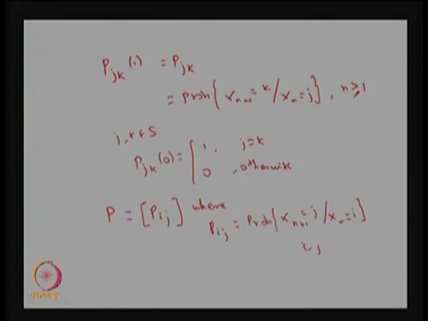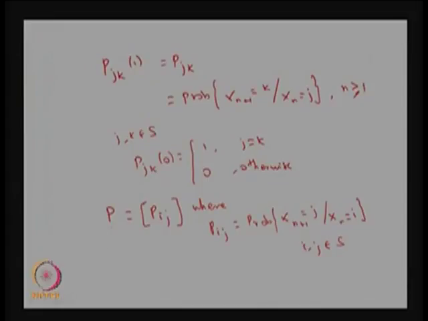Here i comma j belong to the state space S. You should remember that the state space S consists of finitely many elements or countably infinitely many elements. Accordingly, when S is finite, the P matrix is going to be a square matrix.